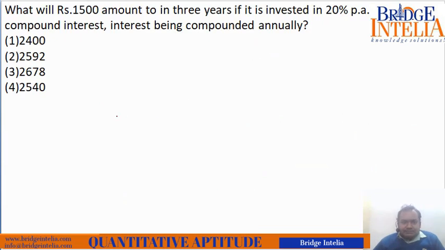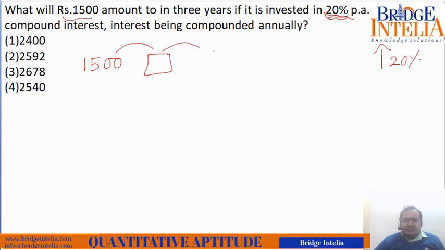Let's see this question. What will rupees 1500 amount to in 3 years if it is invested at 20% per annum compound interest being compounded annually? So the original amount is this much. It is compounded annually, the rate is 20%, or you can say it is increased each year by 20%. So 3 years: first year, second year, third year.